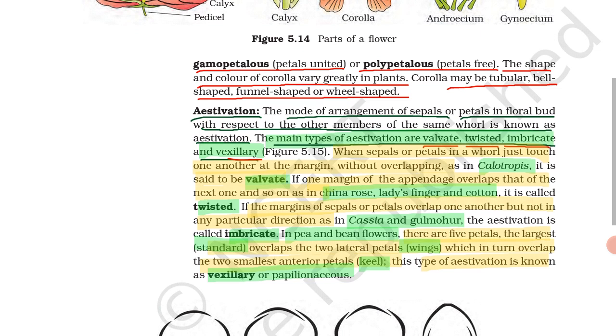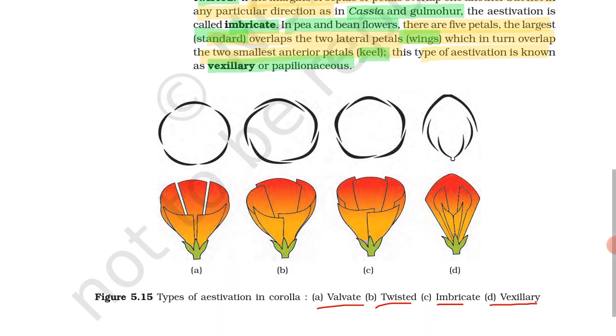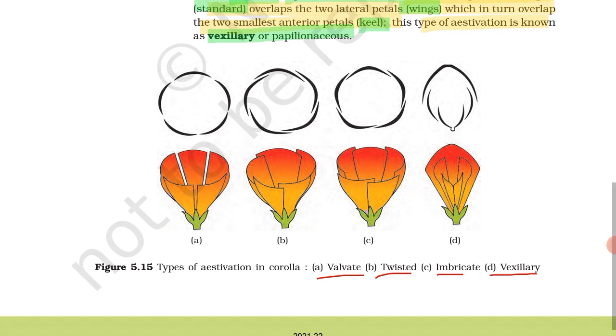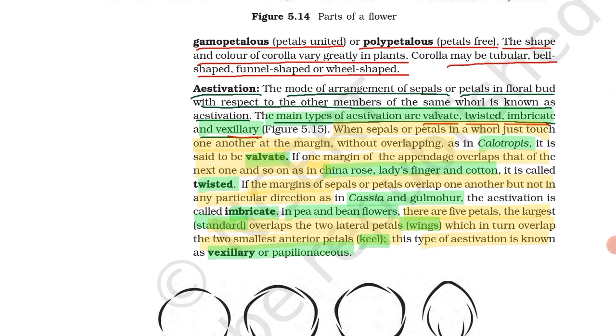So refer to figure 5.15. Types of aestivation are shown: valvate, twisted, imbricate, and vexillary. So let's see valvate aestivation.